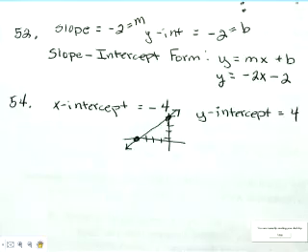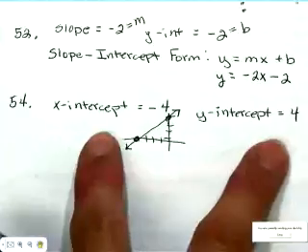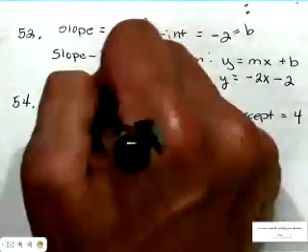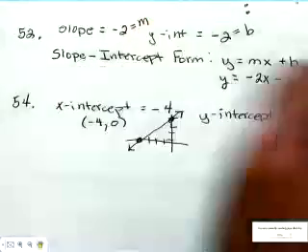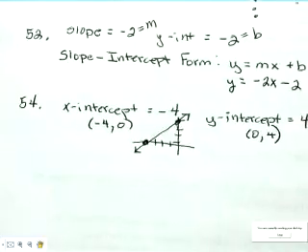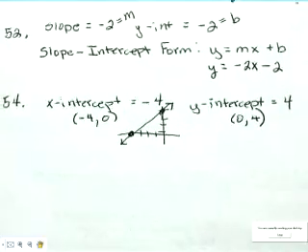Say that one more time. I don't understand yet. Yes, you have to realize these are ordered pairs. This is the ordered pair -4, 0, and this is the ordered pair 0, 4. And once you have two ordered pairs, what can you do?